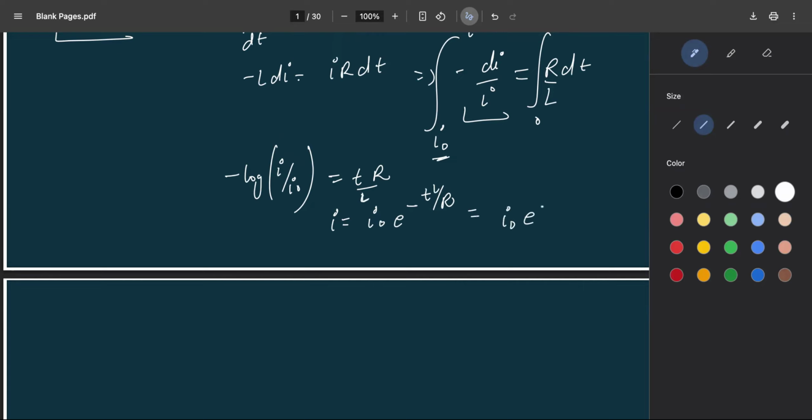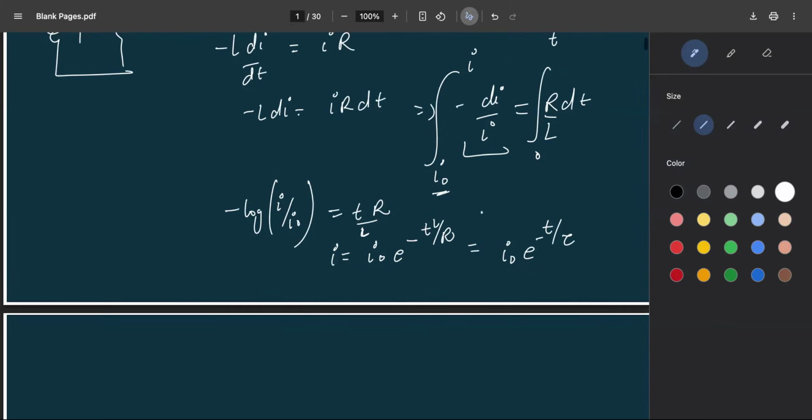This is something like t by tau. This is the answer you are going to get. Now if you compare it with the previous case, what is the current in this circuit at time t equal to 0? Put the value, you get current equal to I naught. So this is the equation for decay of current in an LR circuit.